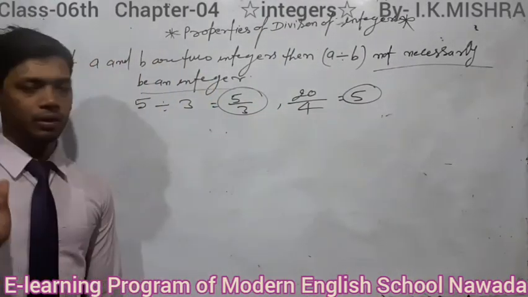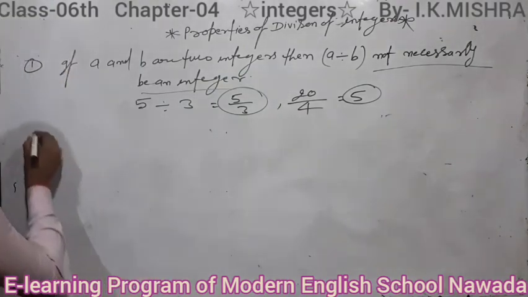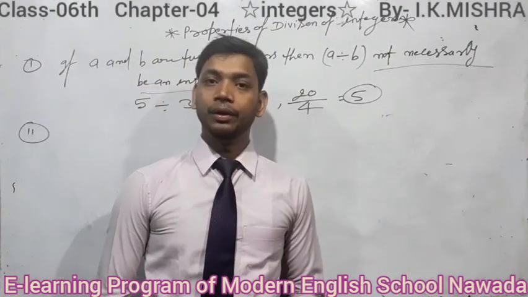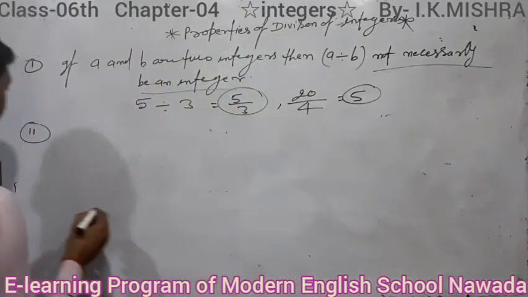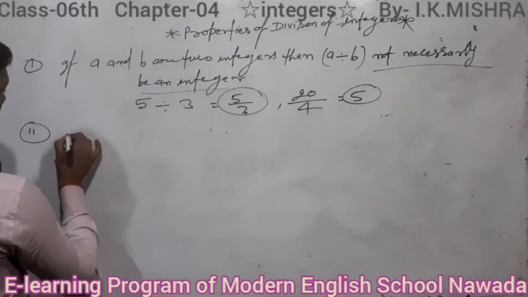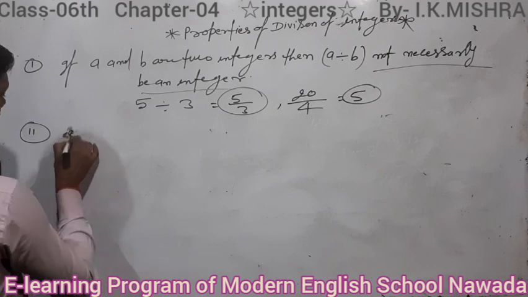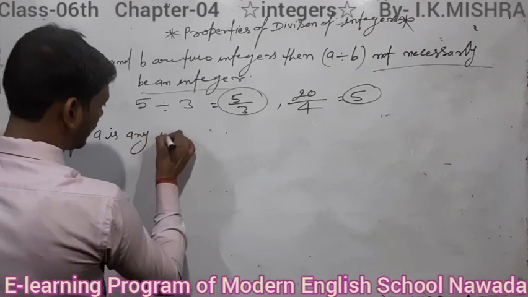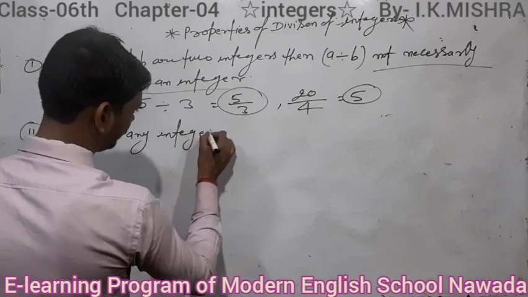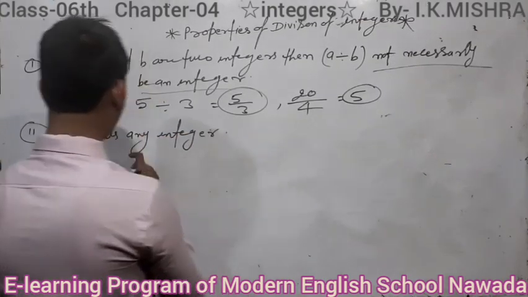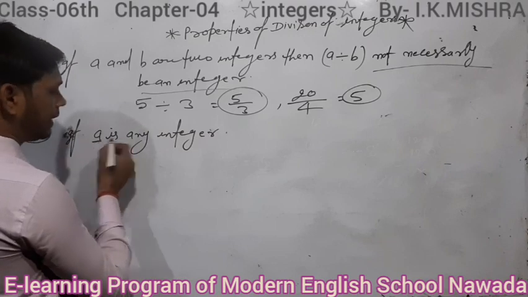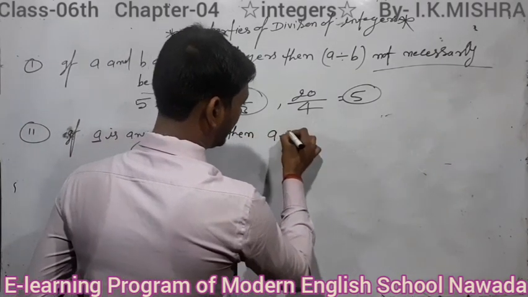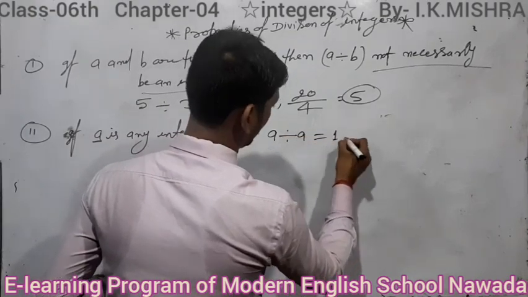Students, the second property: if a is any integer, then a divided by a is equal to 1.